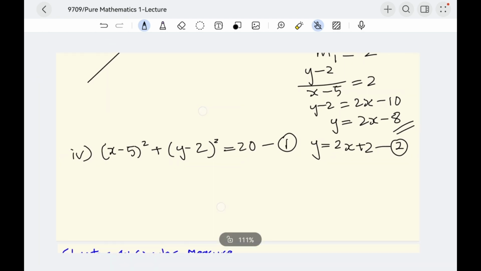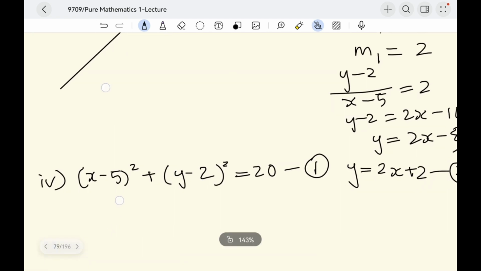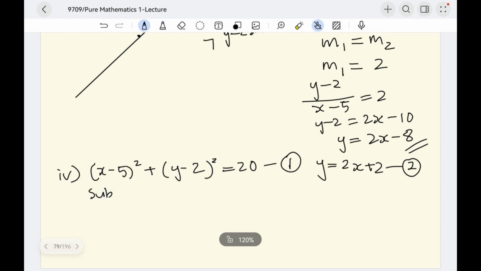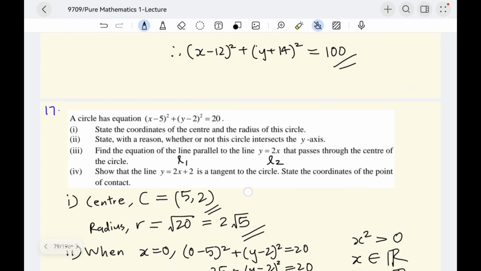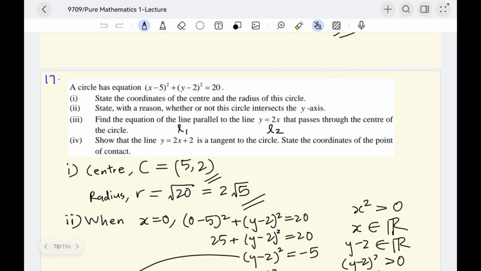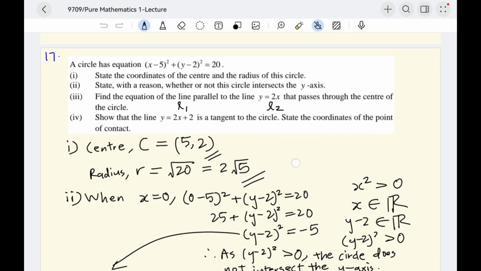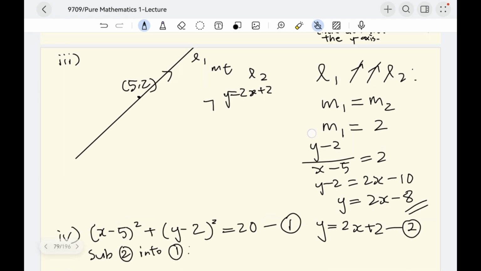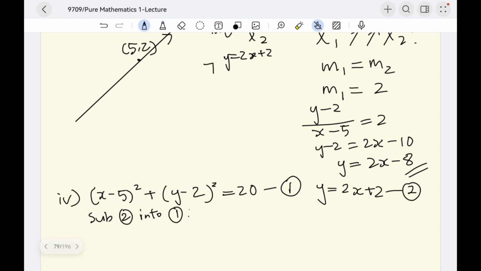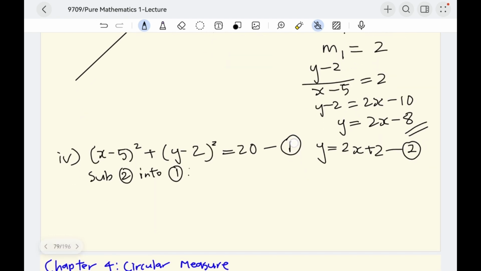Now substitute equation 2 into equation 1, because we first have to show that this line intersects the circle at exactly one common point.